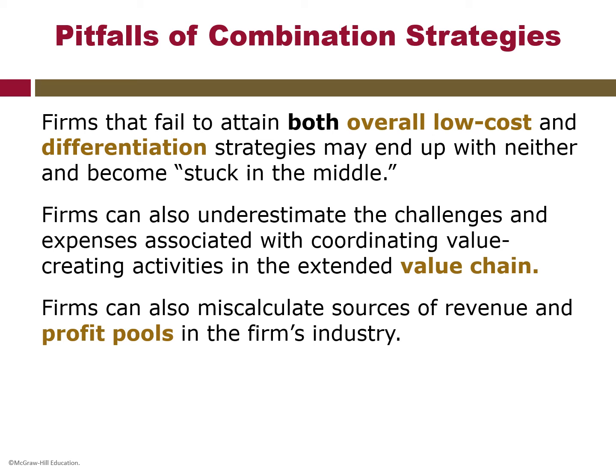The main point in strategic management is the creation of competitive advantages that enable a firm to enjoy above average returns. Sometimes firms may become stuck in the middle if they try to attain both cost and differentiation advantages, as we mentioned earlier at the beginning of this chapter.